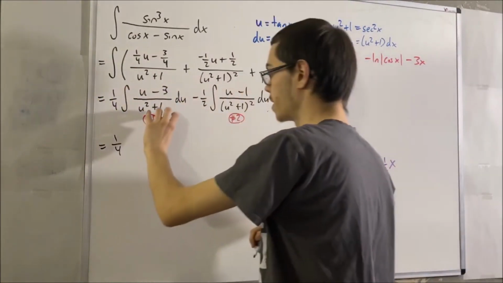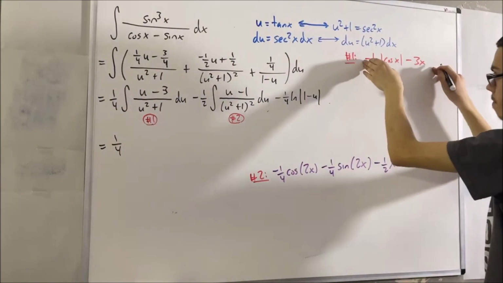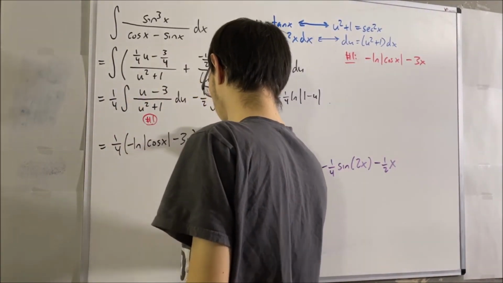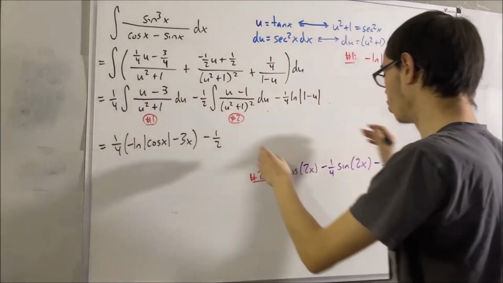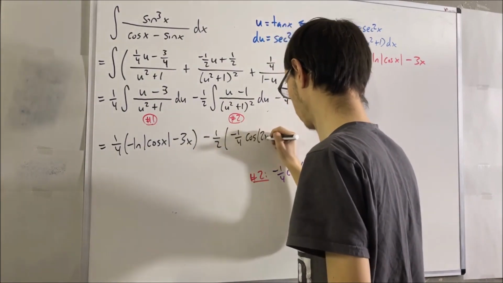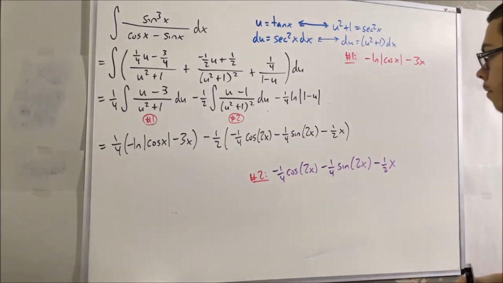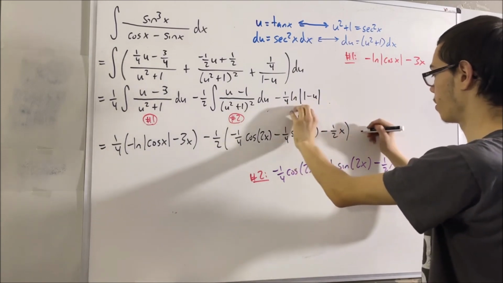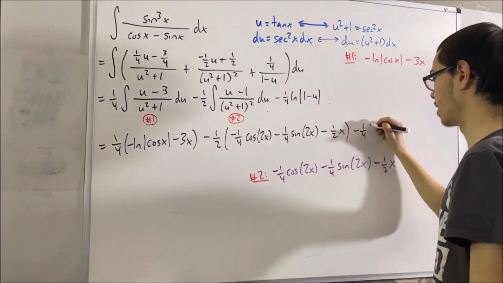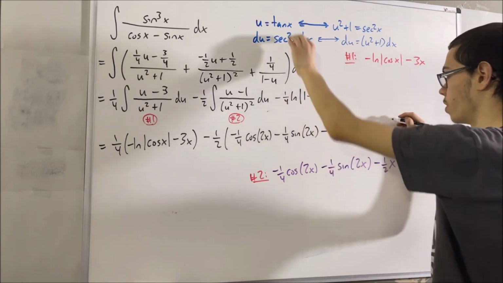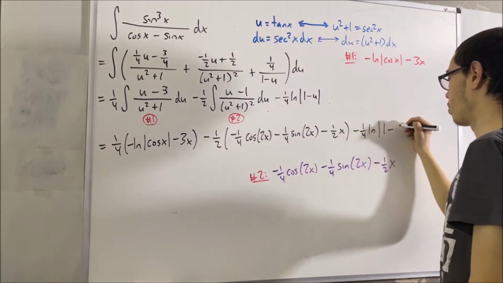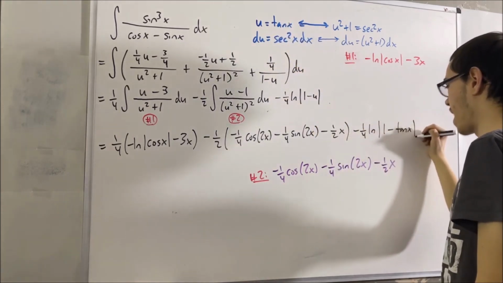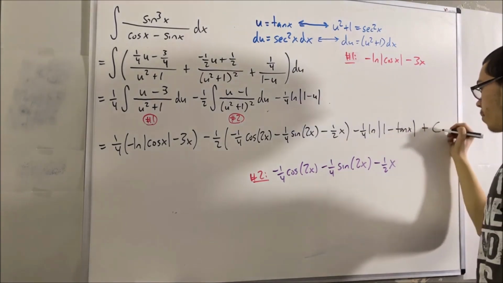So I'm going to replace integral number 1 with its answer. And I'm going to replace integral number 2 with its answer. And after this, we just have the answer to integral number 3, right, which we have already evaluated. I'm just going to replace the u here with tangent of x. And so at that point, everything will actually be back in terms of x. So now we can put a plus c there.